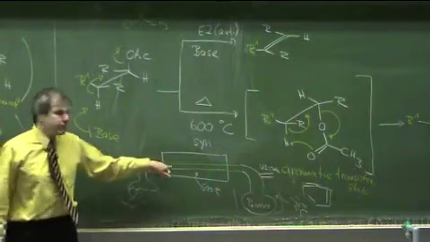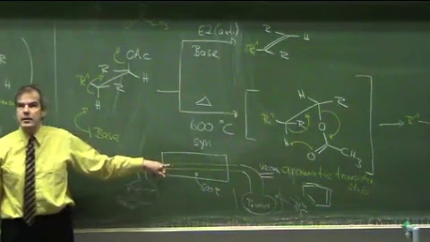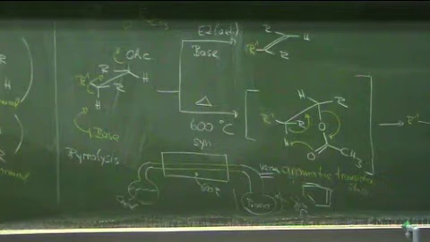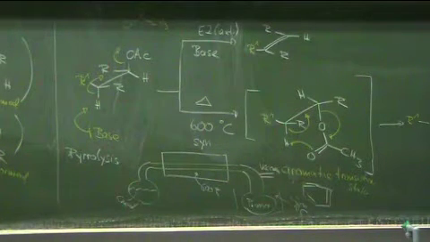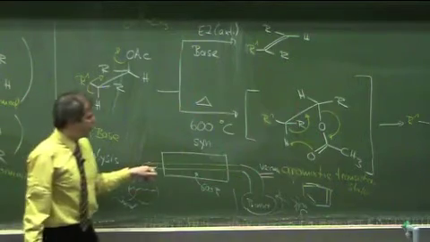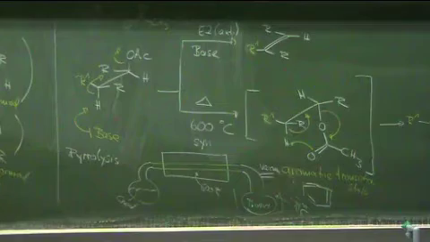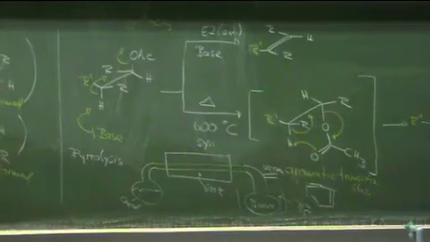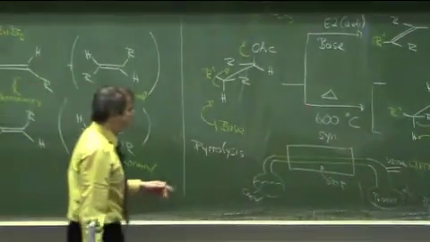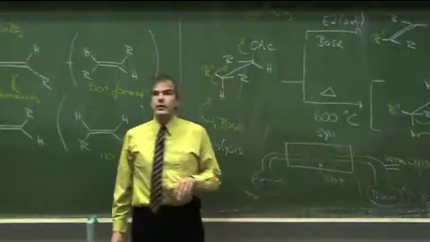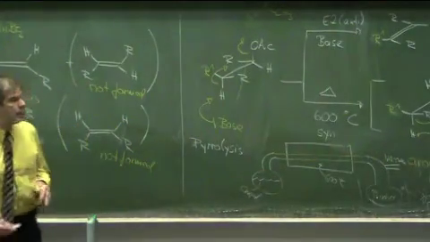And although it is very, very hot in here, the contact time is milliseconds. So it just runs through this tube very quickly. And so this way, although this looks like an extremely high temperature, it's a very mild method. It's actually a very good method to convert organic molecules in this way.